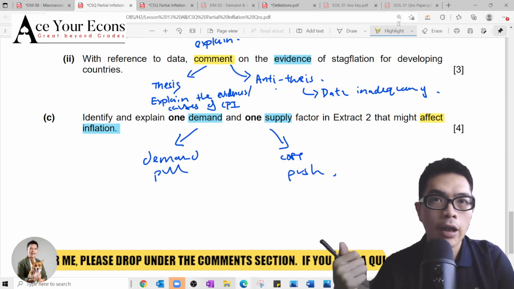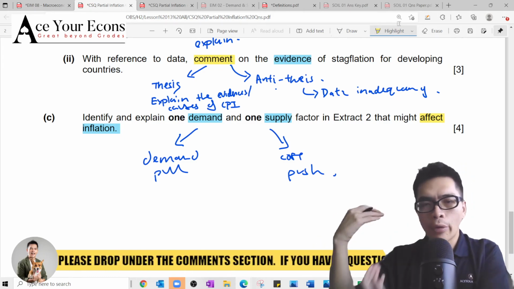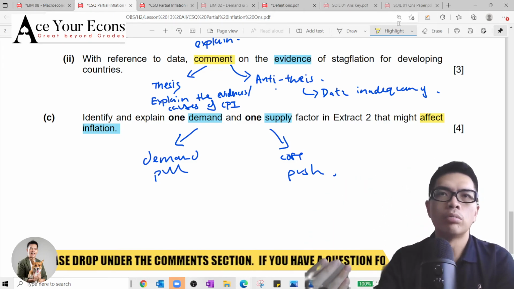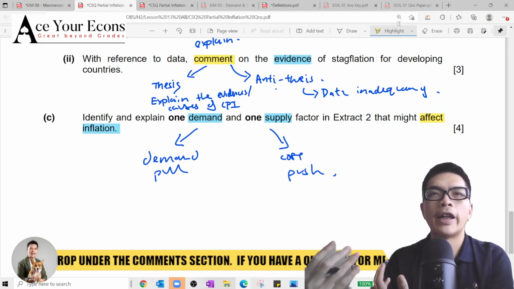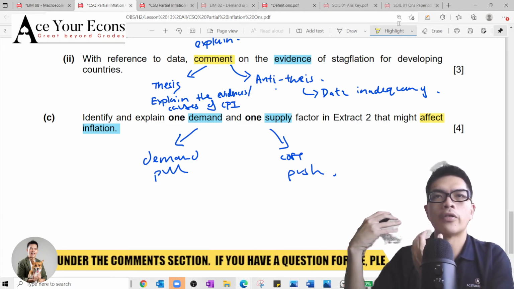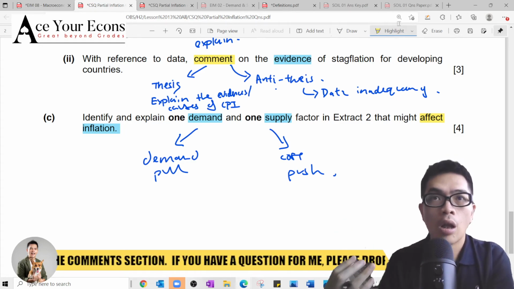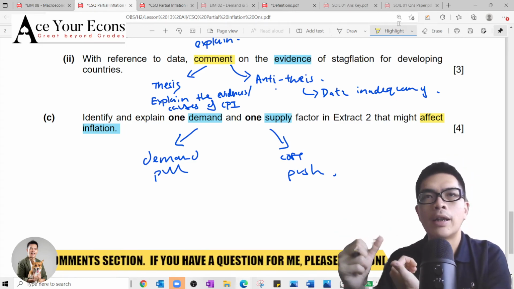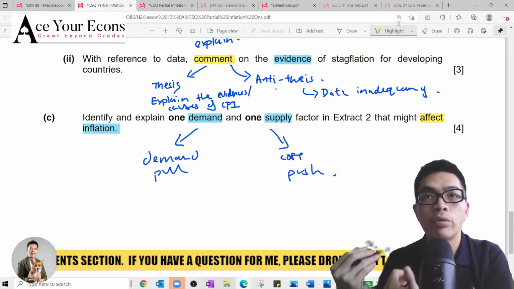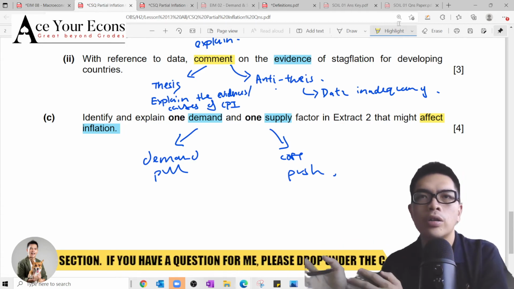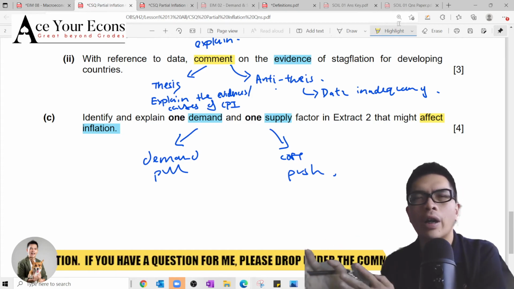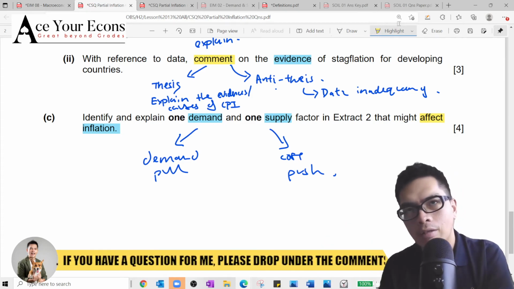Is everyone clear? So knowing this, we need to look at extract 2 to find out what are the causes of demand pull, what are the causes of cost push inflation, or what are the demand and supply factors that will reduce AD, or cause your AS curve to shift right or shift down.